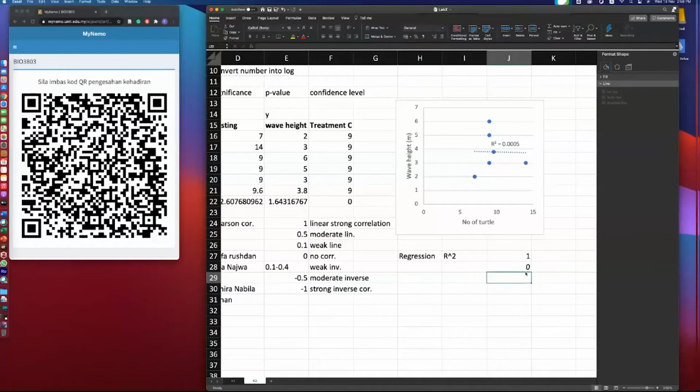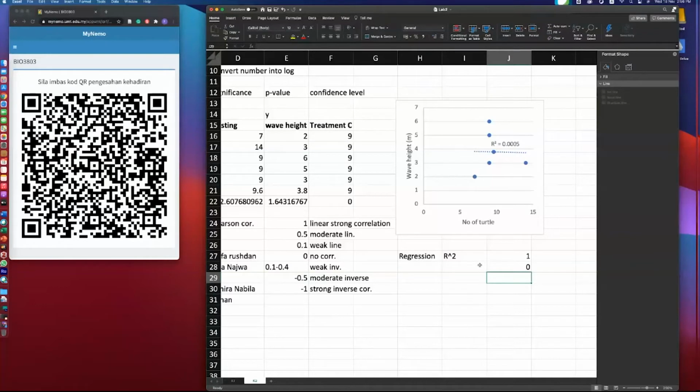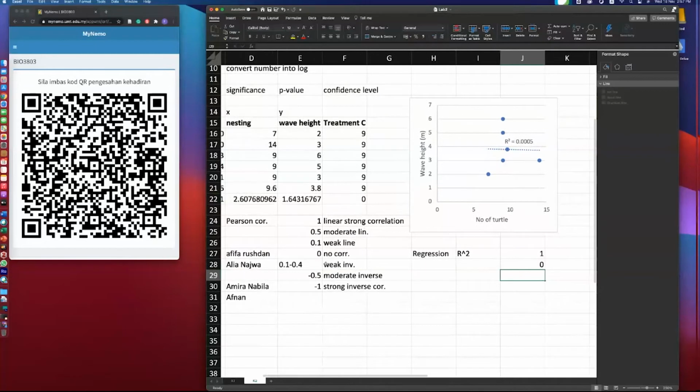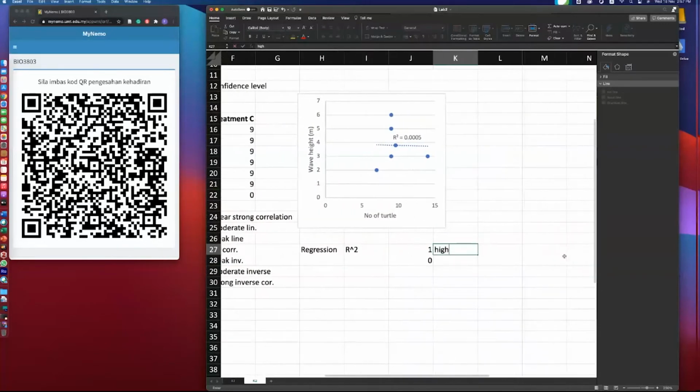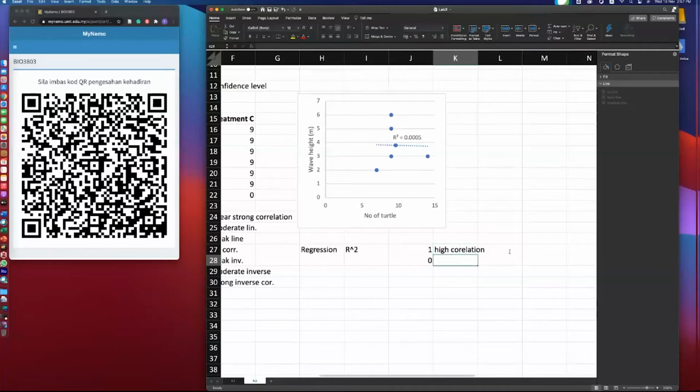Okay, so how do you know whether your graph is inverse, positive, or there is no association at all? Which one is weak linear or which one is weak inverse? How are you going to know that? Okay, and now I'm going to pick the name as well. The highest indicates high correlation, while the lowest indicates there is no correlation.